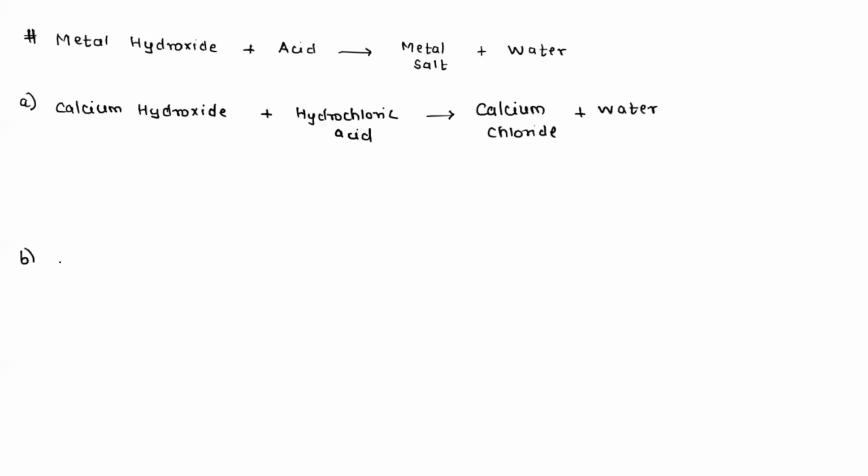And one more example, let's take sodium hydroxide plus sulfuric acid. So what salt will you get if it is sulfuric acid? If it is a sulfuric acid, what salt will you get?